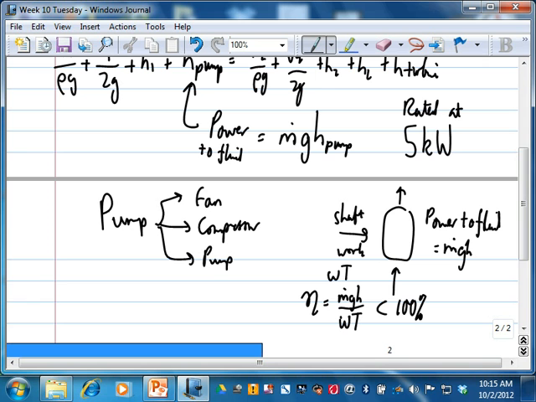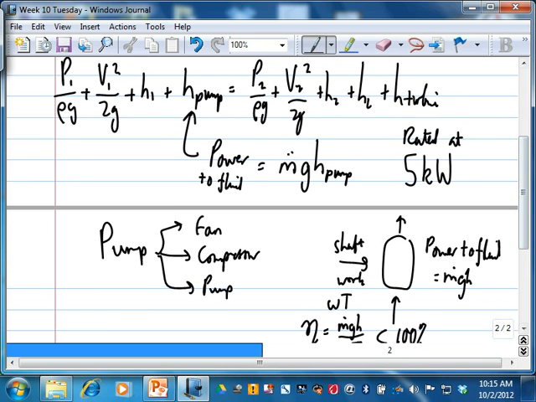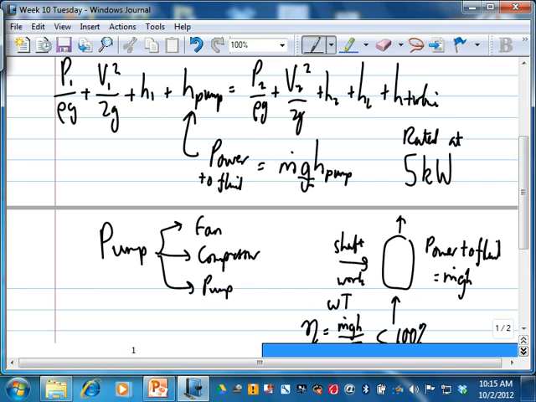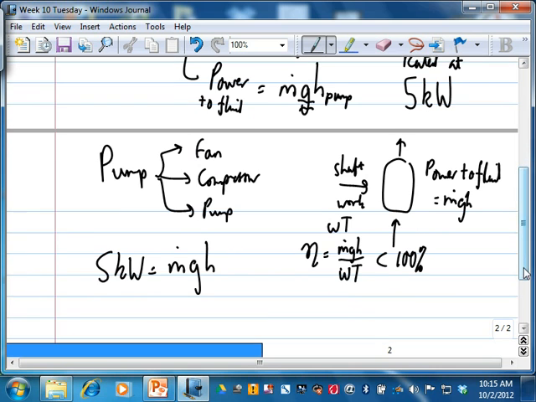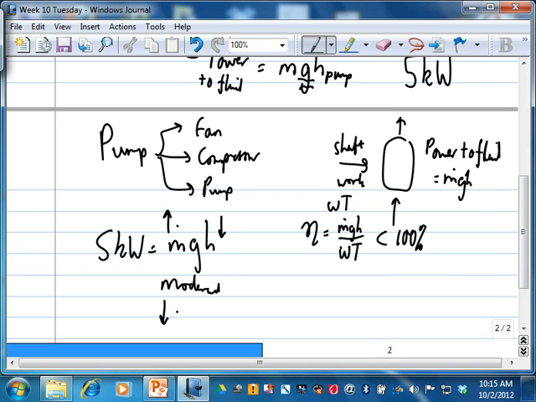That 5 kilowatts can go towards two things. G doesn't change much, so 5 kilowatts is equal to m dot gH. You can have a high m dot and a low h, or you can have moderate, or you can have the opposite, low m dot and high h.